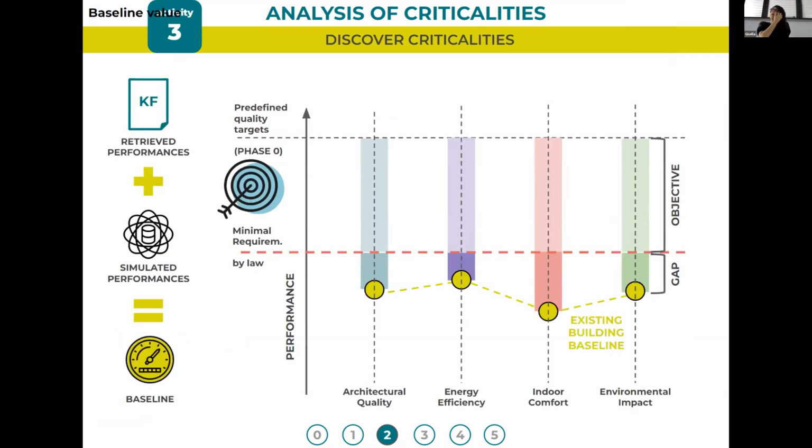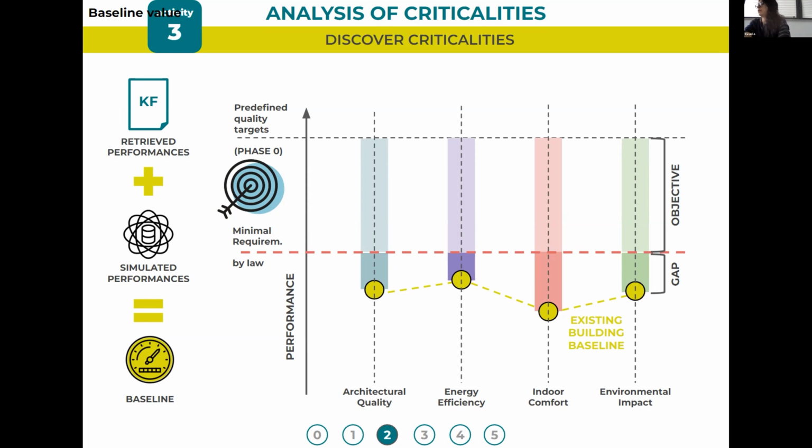And this baseline, in fact, will be very useful for discovering the criticalities. That is the third activity of this phase. Starting from the retrieved performance and the simulated performance, we define a baseline that we have to compare both with the minimal requirement by law, the one that we searched before, and with the predefined quality targets in phase 0.